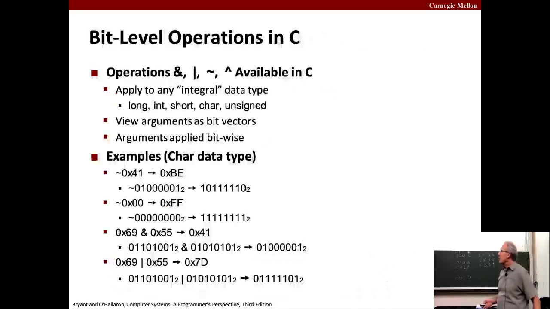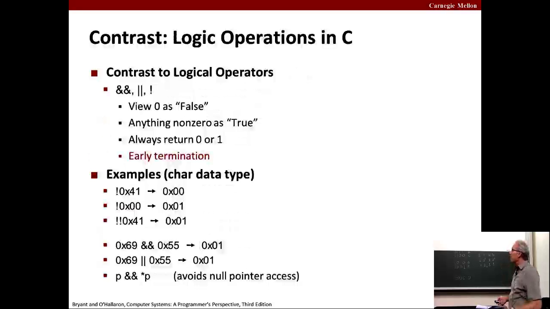So as I mentioned, those are available directly in C: the ampersand, vertical bar, tilde, and caret. One thing that's really important, and that programmers screw up all the time, beginning programmers a lot, and even experienced programmers from time to time, is to mix up the single ampersand and the double ampersand, or the single vertical bar and the double vertical bar, and the tilde versus the exclamation mark, which is often pronounced bang.